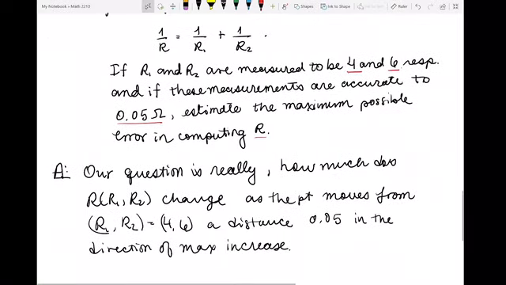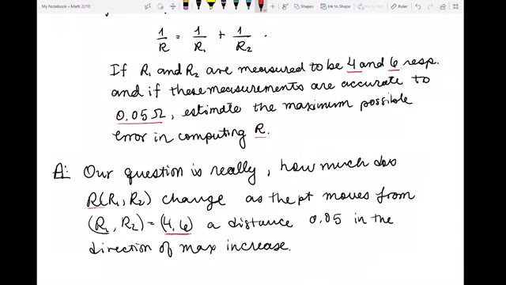Okay, and so I reworded the question to be something a little bit closer to problems that you've seen. How much does the function R here change as the point moves from this guy, as I move a point from here, a distance of 0.05 in the direction of maximum increase? Okay, so that's what we're doing here.